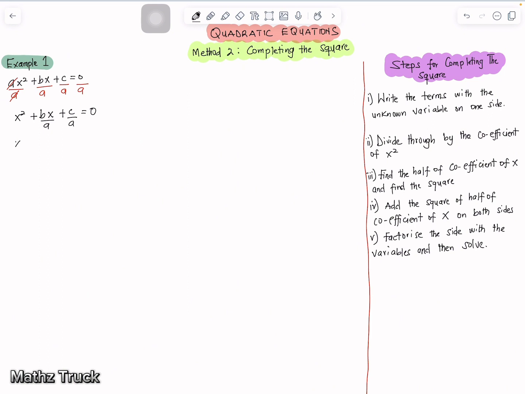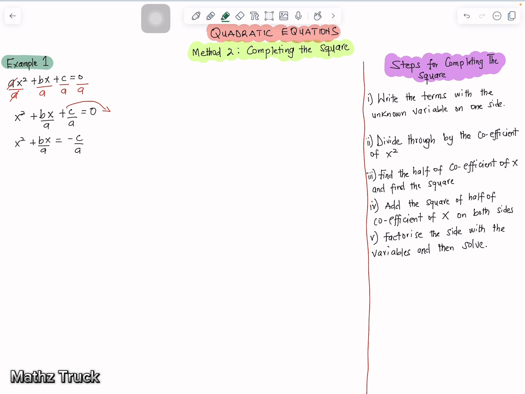So we have x squared plus bx over a equals, when this c over a being positive crosses the equal sign, it becomes negative, so this becomes minus c over a.